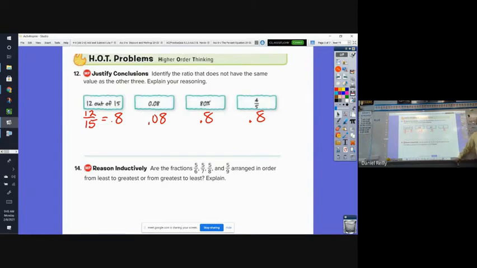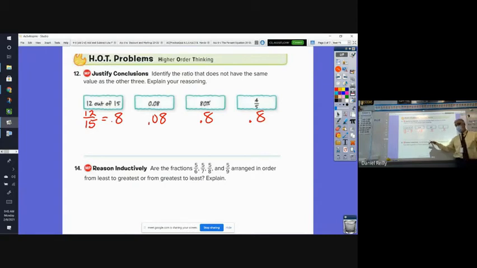Are these fractions in order from least to greatest or greatest to least? Explain how you know. I like this question. Riley. Greatest to least because the smaller the denominator is, the bigger the fraction. Okay, so she said greatest to least because the smaller the denominator, the bigger the pieces, bigger the fractions.